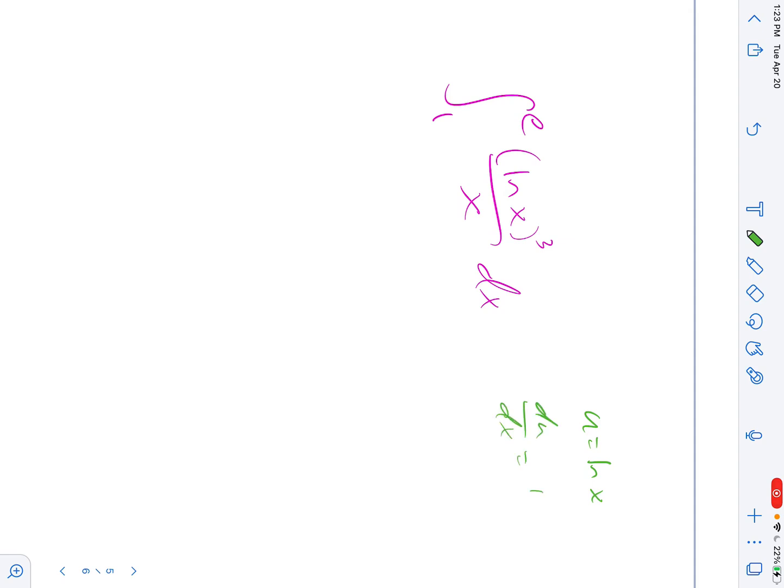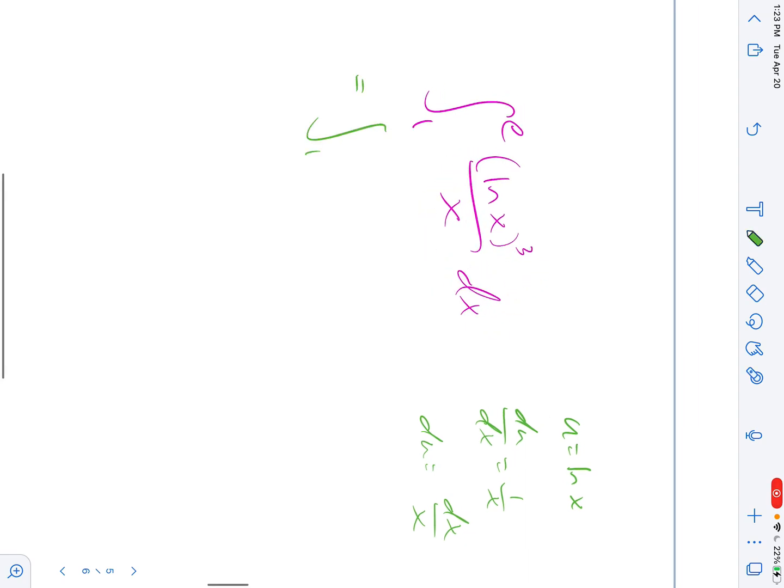If I take the derivative there, that's 1 over x. So du is the same as dx over x, which conveniently is in here, right? An x in the denominator means what we really have here is the integral from 1 to e of natural log of x cubed times dx over x.